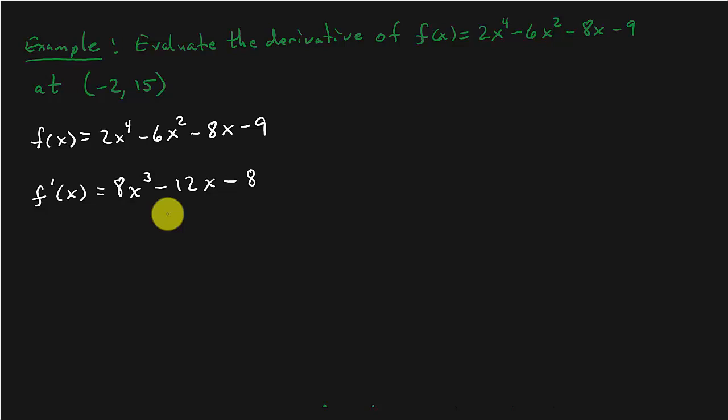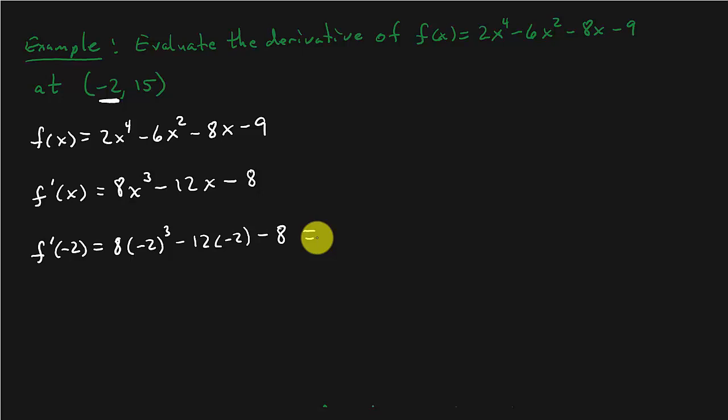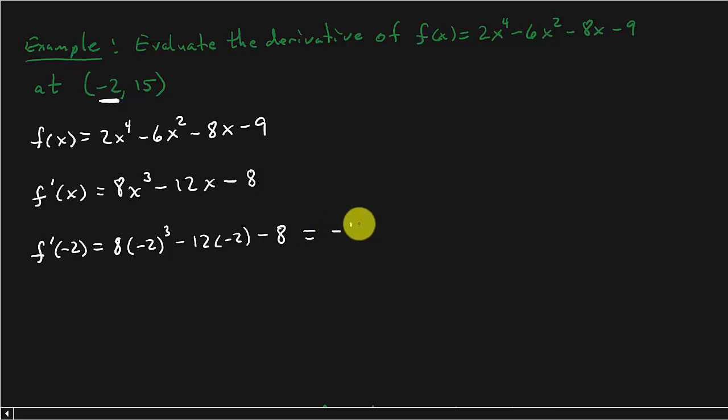Okay, but for now we only have x terms, so all I need is the -2. So if I do f prime of -2, that's 8 times -2 cubed minus 12 times negative 2 minus 8. And for that answer, let's see, what do I get there? I get negative 48 as my answer.